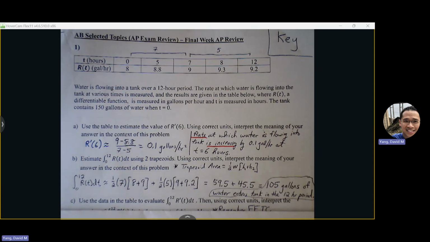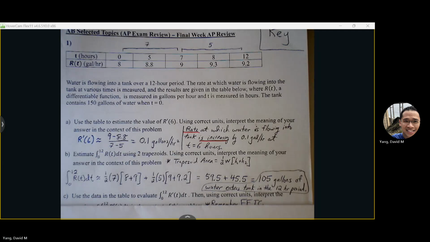So trapezoid. At least my AB students have some trouble with trapezoids. One is just forgetting what the formula is. The formula is 1/2 width times height 1 plus height 2. Sometimes I see students wanting to add more than 2 heights if they see more than 2 terms, but we only want to use the heights at the ends of the bracket.